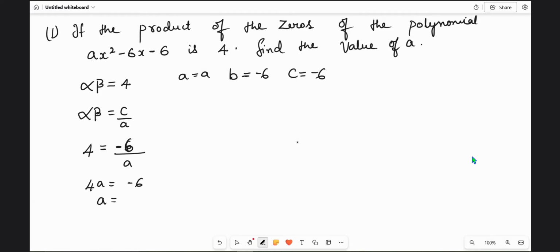So you will get it as minus 6 by 4. We can divide by 2 here, we'll get minus 3, and here 2. So A is equal to minus 3 by 2. Okay, this type of questions they will ask. 1 mark or 2 mark questions. Many times it will come in the exam. This type.